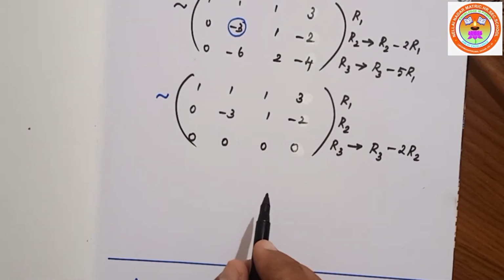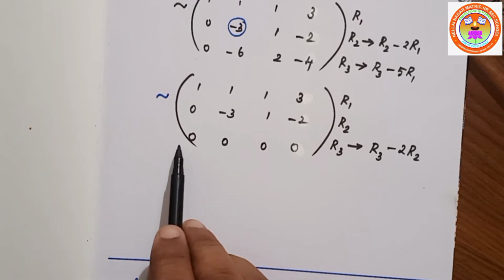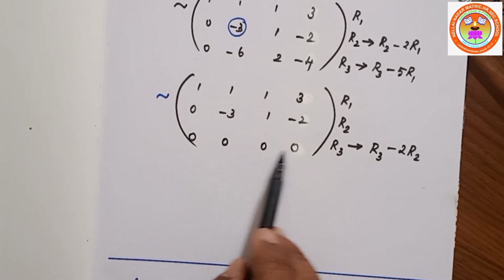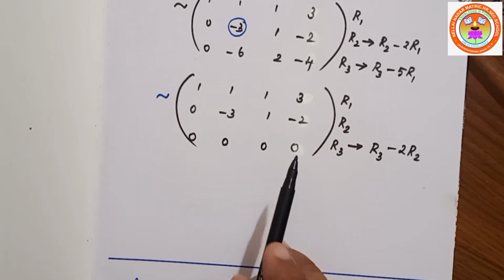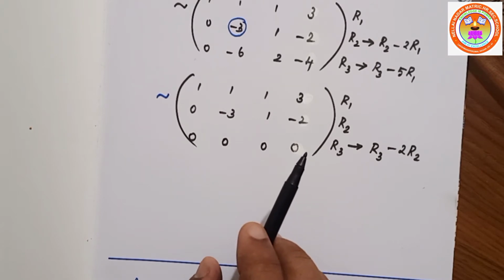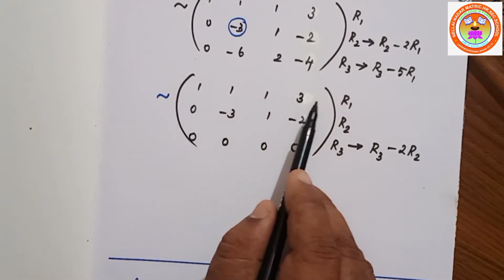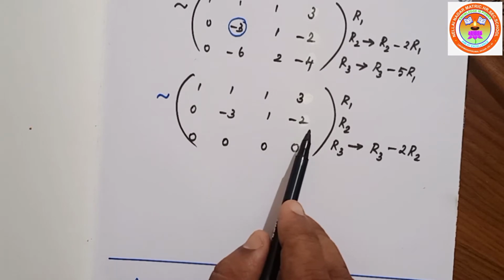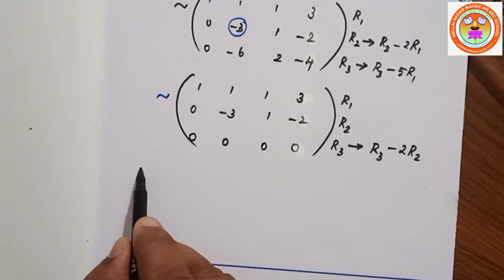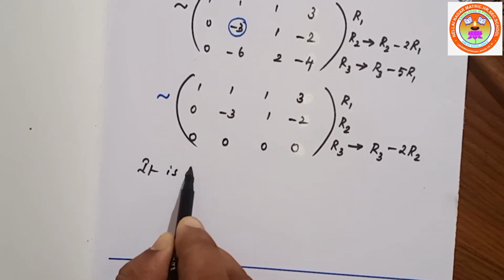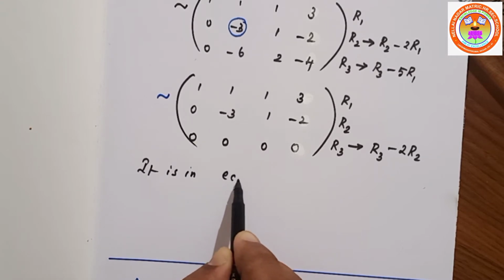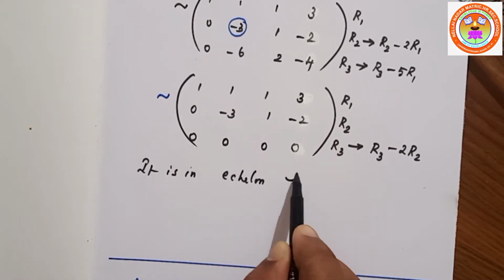Now count the number of non-zero rows. This is completely 0. All the elements are 0, therefore it is called a 0 row. So we have to count only the number of non-zero rows. This is a non-zero row. It is also a non-zero row. So it is in echelon form.